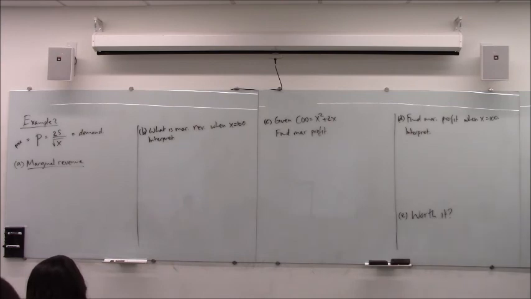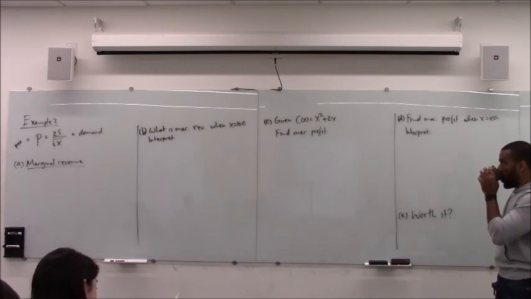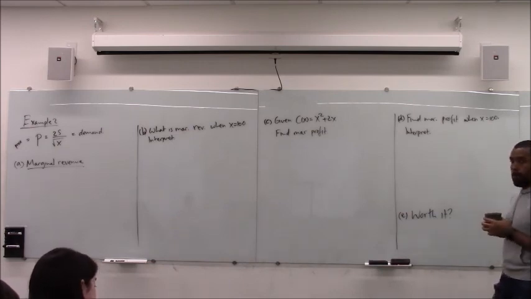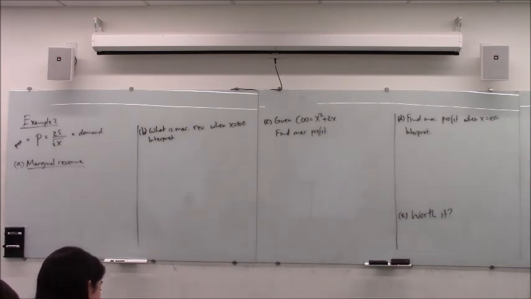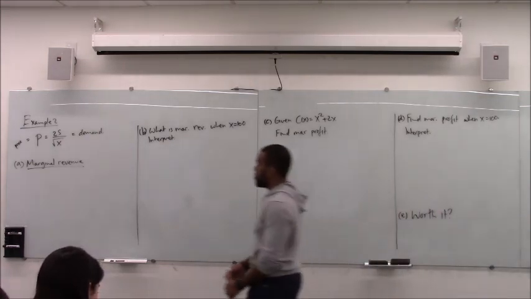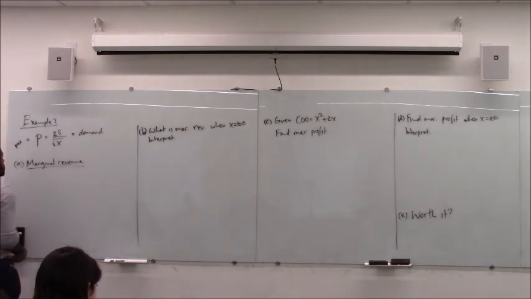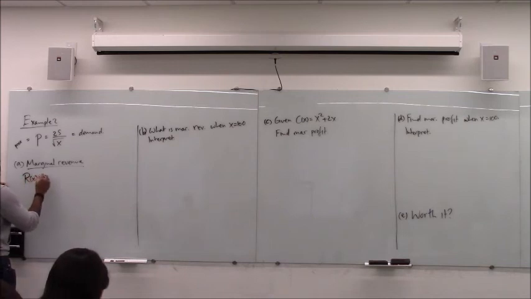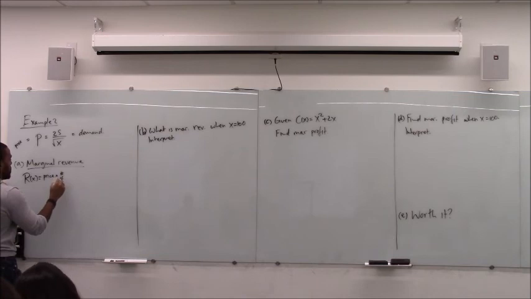Alright, what do you think? How do we do this? How would you do A? Since revenue is the price per item times the number of items sold, revenue is price times number of items, right? What's the price here?